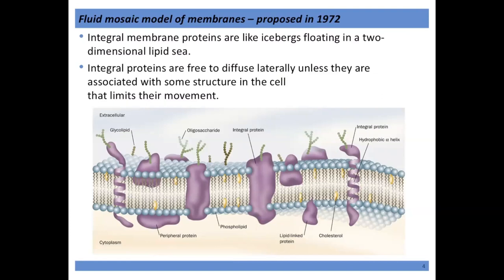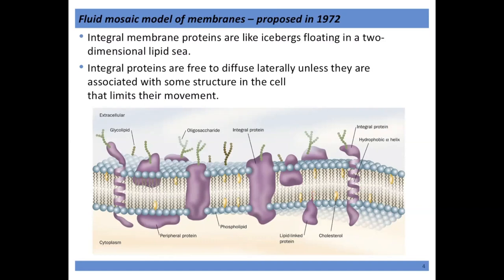And so, in this fluid mosaic model, you can see those little gold things are representing cholesterol. You can see different types of transmembrane proteins. You can see these that are just presenting on one surface. You can see those that are attached by the lipid groups.